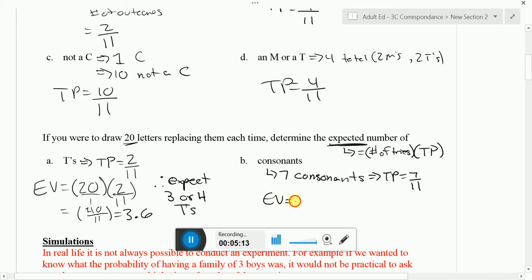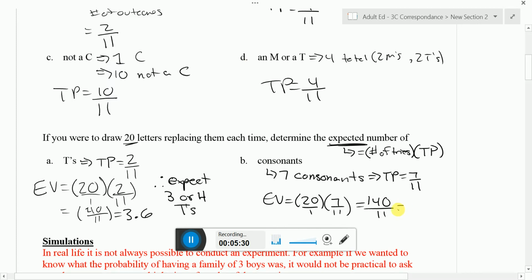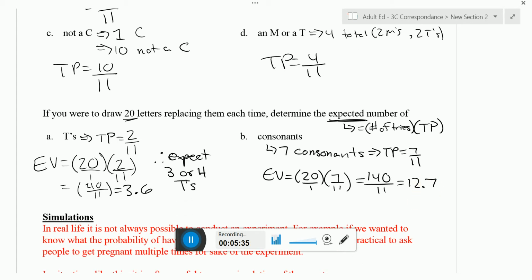Our expected value is, again, the 20 tries we're doing, times 7 out of 11. 20 times 7 is 140, 1 times 11 is 11, and 140 divided by 11 gives us 12.7. Now because it's 0.7, which is closer to 13 than the middle, we round up. So therefore we would expect 13 consonants. We would expect 13 to show up.